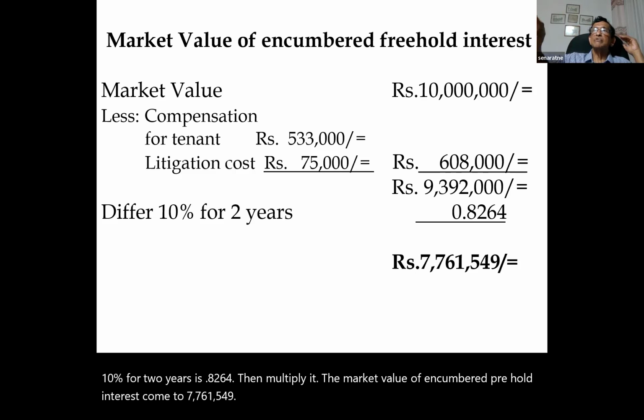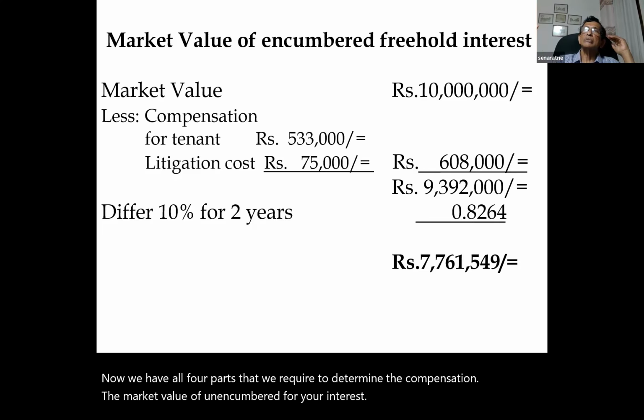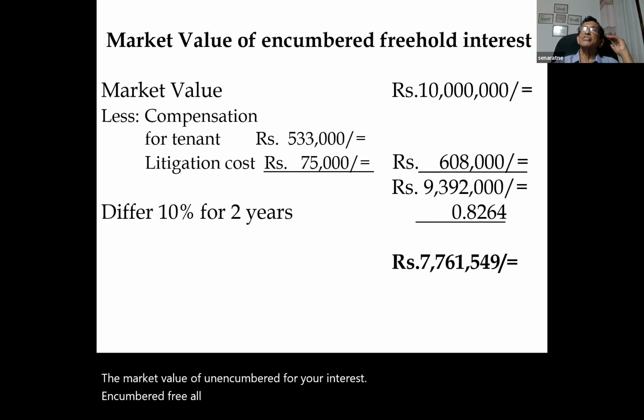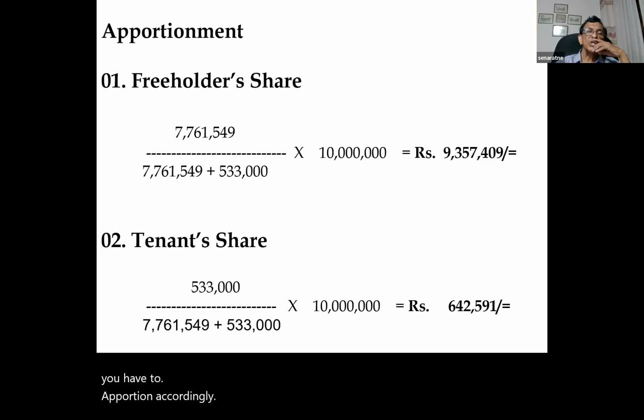Now we have all four parts that we require to determine the compensation: the market value of the unencumbered freehold interest, the tenant's value, and the value of the encumbered freehold interest. Now we have to apportion accordingly. So the freeholder's share is 7,761,549 plus the tenant's compensation of 533,000.